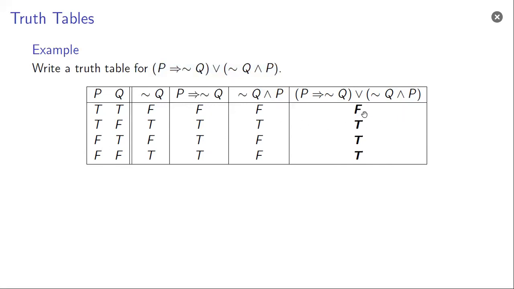And it tells you the final value of this expression for all possible combinations of truth values for P and Q. So it covers the case when both are true, when P is true and Q is false, when P is false and Q is true, and then when they're both false, right? So it covers all possible combinations of truth values for P and Q, and it tells you in each case what the value of the statement is going to be.